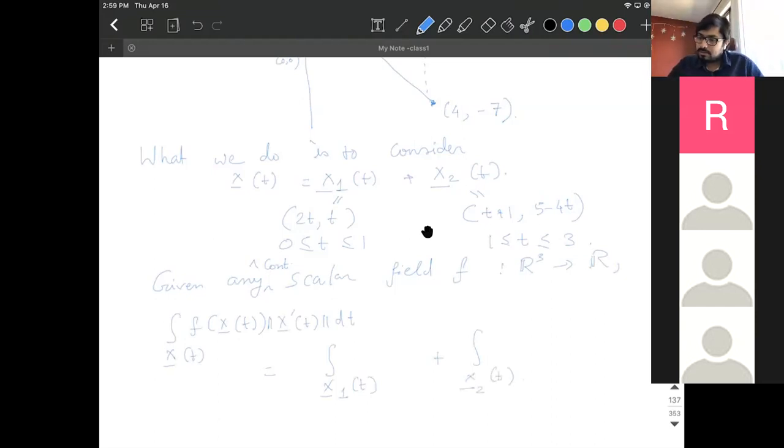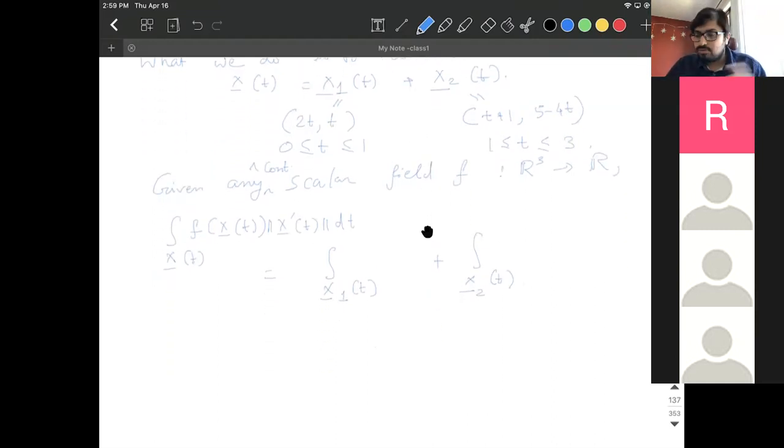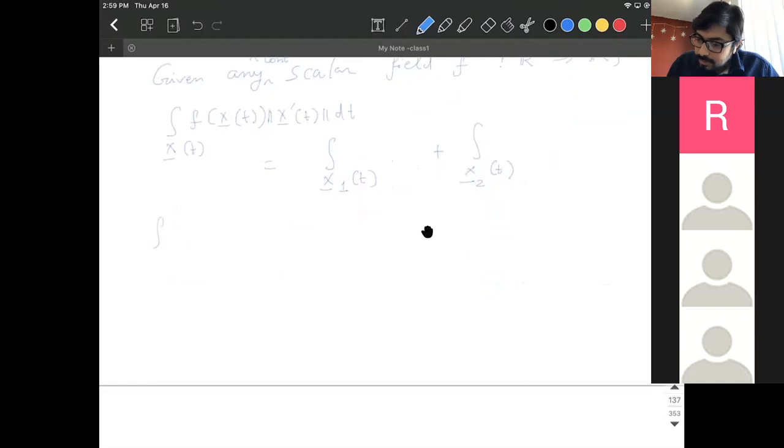So this is the whole idea. Given any continuous scalar field, we break this integral up in two parts. And this is valid from one of the properties of Riemann integration that I mentioned in the last class.